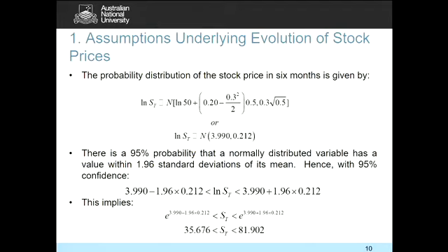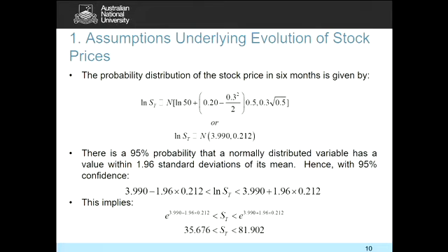So it's going to be normally distributed, the natural log of the current spot price of $50 plus my expected return of 20% minus my risk of 30% squared divided by 2, times a half, that's my t, the length of time I'm looking at. So that's going to be my mean, and then comma, I look at my standard deviation. That's the risk of 30% times the square root of half a year.